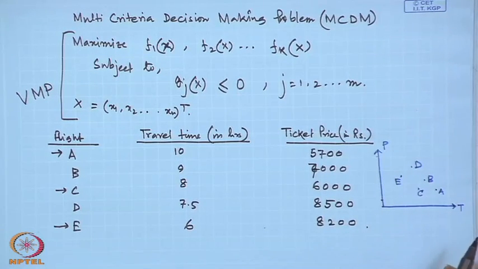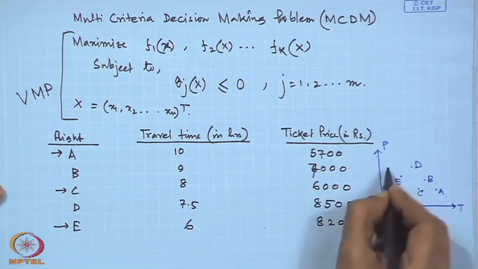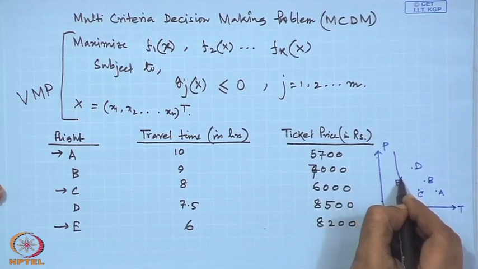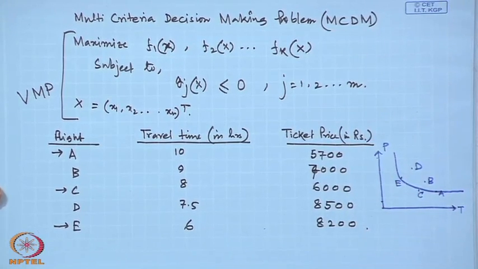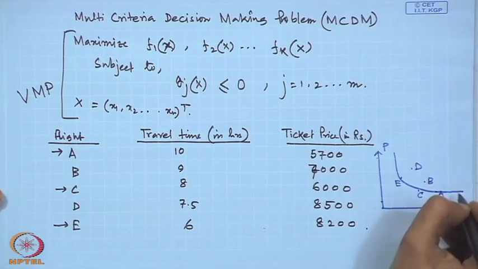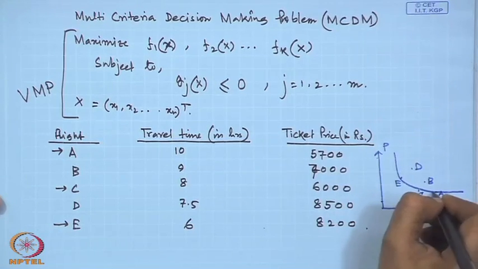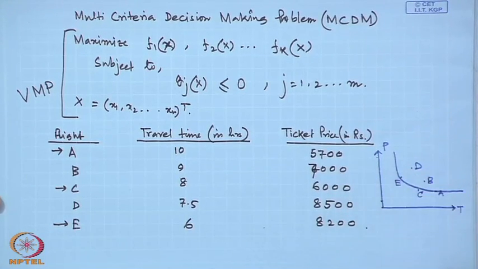Now, if we see all the options A, C, E, they will all be on a curve like this, and whatever options we have like A, C and E, if I have more data on this, we will see all the options more or less will lie on this curve.